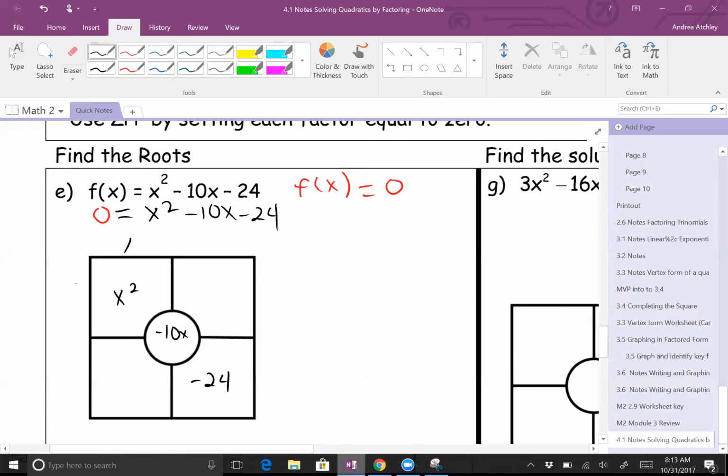Oh, x and x, and then you said 6 and 4? Okay, what multiplies to 24 is 6 and 4. So then I find the area of this box. It's 6 times x, which is 6x. The area of this box is x and 4, which is 4x.